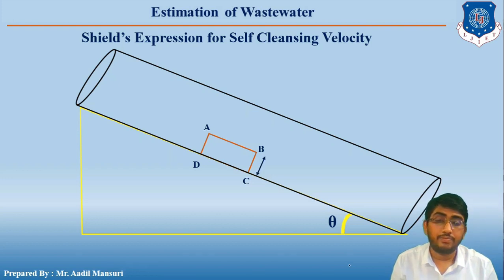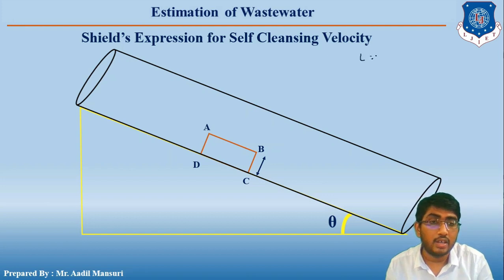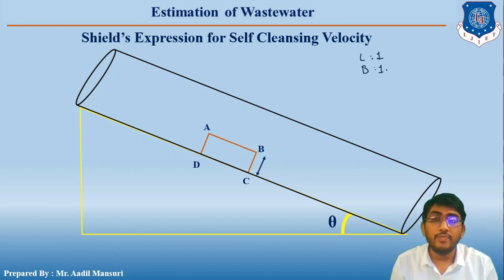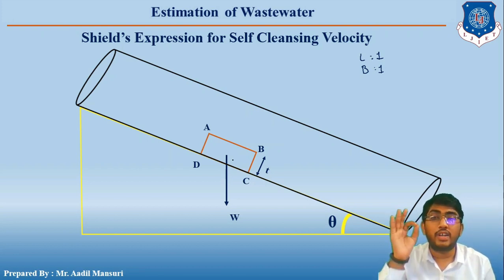Now let the length of this particle be 1 unit and the width be 1 unit. T is the thickness of the particle. This arrow indicates the weight of the particle, which always acts vertically downward.